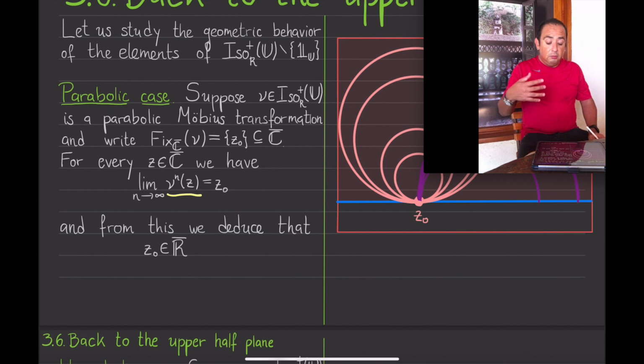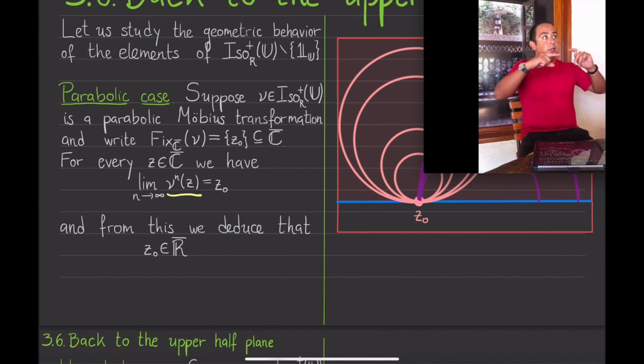Once we know it sits in R bar, given any two elements of R bar, there always is a Mobius transformation in PSL2R that takes one point to the other.